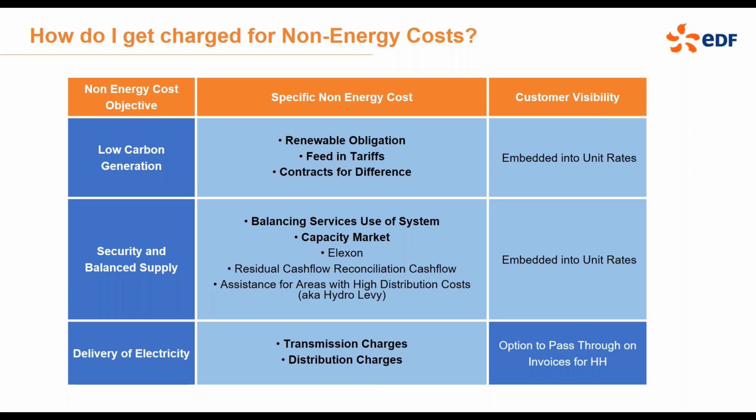And whilst we are able to talk about these in quite a detailed way and break them down and reconcile them for you as a framework member, these are all costs which are present, whether it's your domestic supply invoice at home, whether it's a small business, whether it's a fixed or a flex or a framework customer. These costs apply to everybody. They're just applied at different levels of granularity.